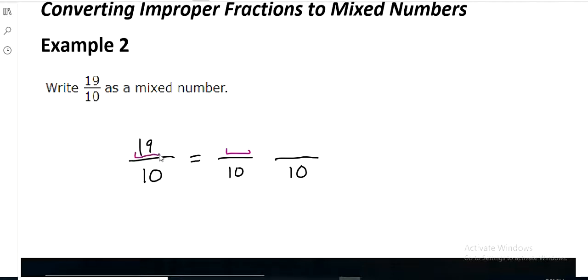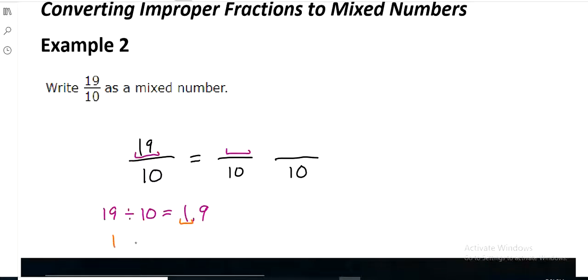In other words, we have to do 19 divided by 10. How many times can 10 go into 19? So 19 divided by 10 will give us 1.9. We are going to focus on the whole number only. So 1 is the whole number.